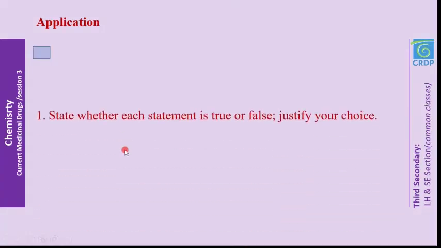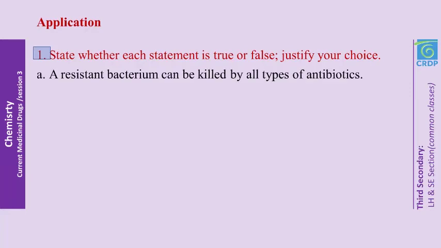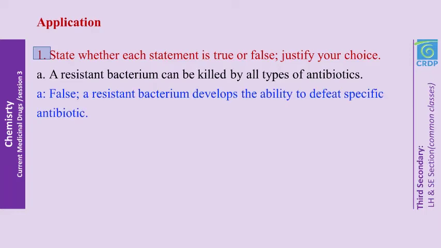Another application. Number 1. State whether each statement is true or false and justify your choice. A. A resistant bacterium can be killed by all types of antibiotics. The answer is false. A resistant bacterium develops the ability to defeat a specific antibiotic.